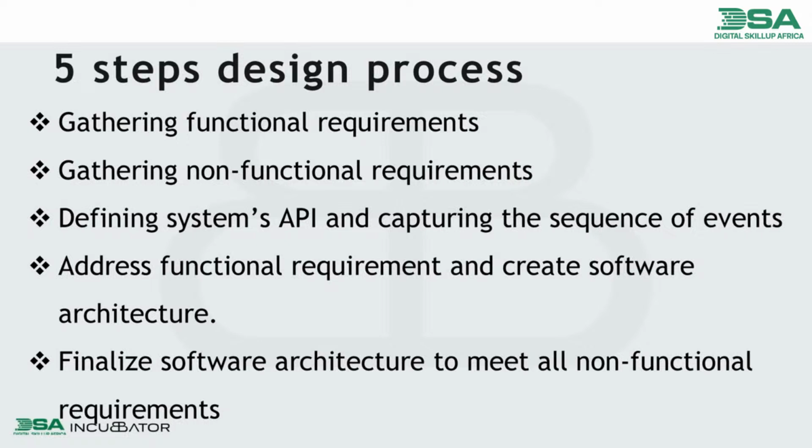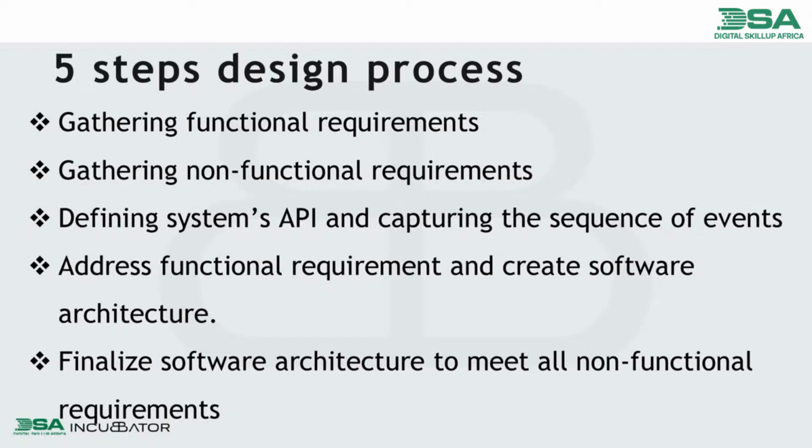Now, let's consider the next step in this process of defining our system's design. The next step is to define our system's API, which is the application programming interface, and capture the sequence of events.